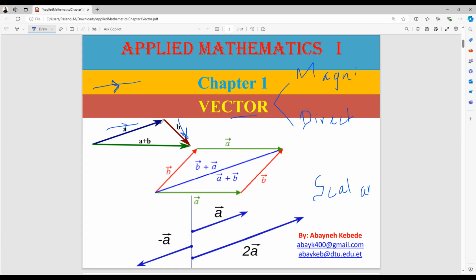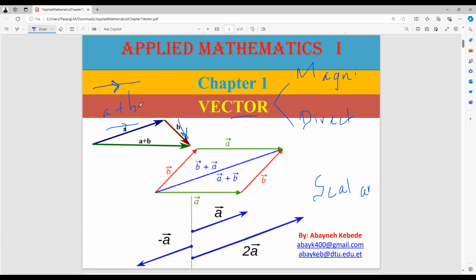What will happen if they ask us to find the resultant force or the resultant vector, since there are two vectors? How are we going to find that? A plus B. Yes, the vector A plus the vector B.